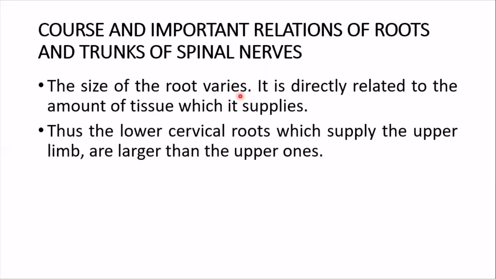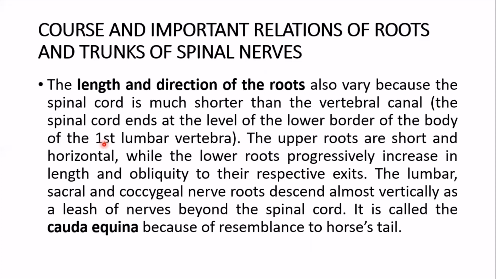So the size of the root varies. It is directly related to the amount of the tissue which it supplies. I told you already that there are the swellings, one swelling upwards and one downwards, which are the enlargements, cervical and the lumbar. This was discussed in detail in my first lecture of the spinal cord. The length and direction of the roots, right?